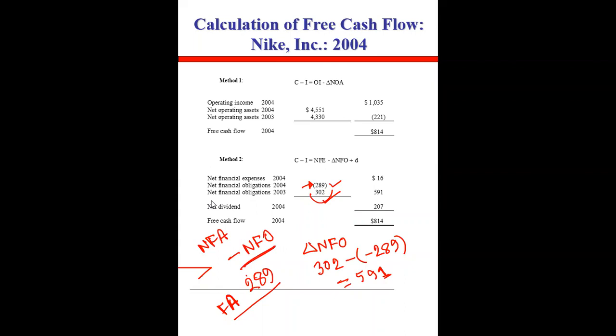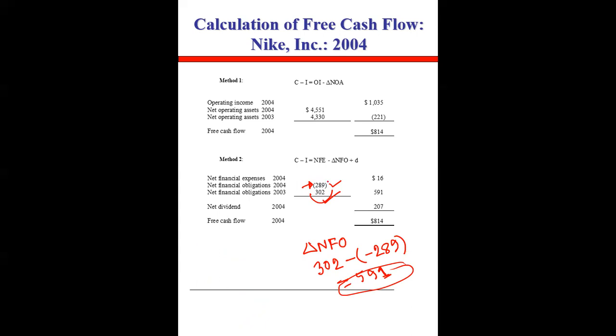So in that case, what does it mean? Does it mean that the company has made additional borrowing, or the company has made repayment? The company has made repayment of this 591, not additional borrowing.